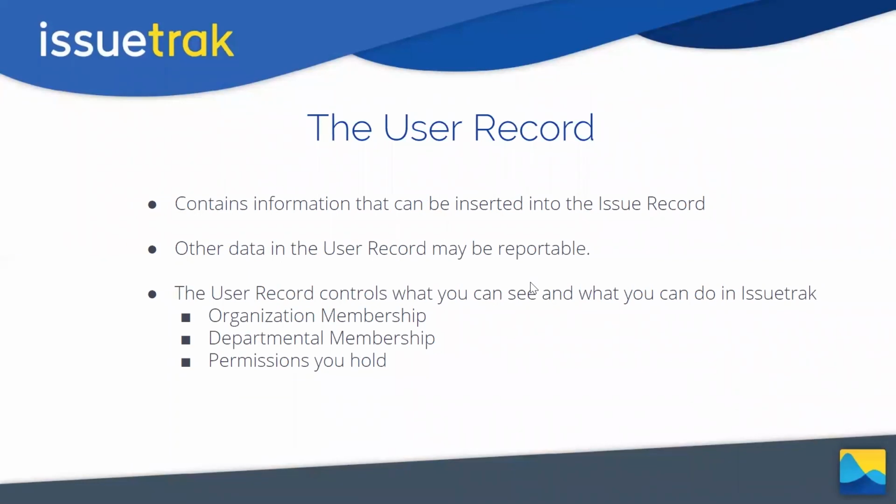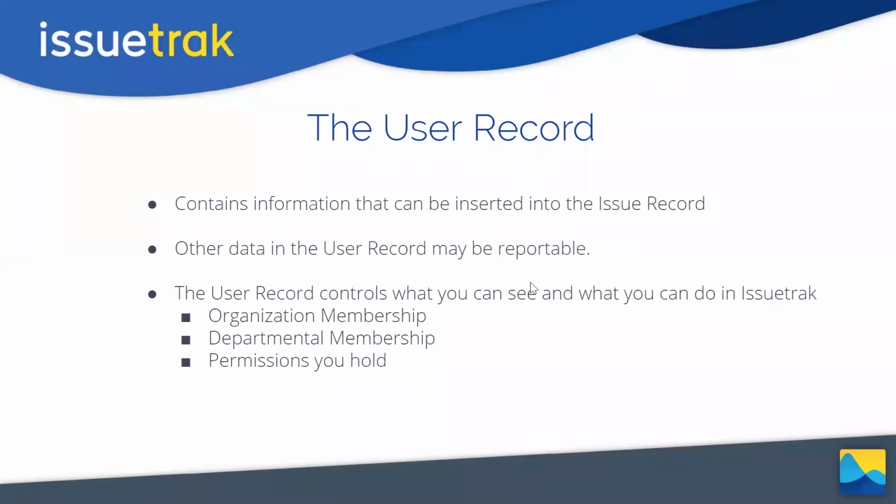So the user record: when you log in to Issuetrak as a user, there's certain information that is put into an issue without you having to do anything. For example, if you submit an issue, and that's pretty much all the rights you have, we're still associating you with an organization or a company. You may also have location information associated, and even the department may be part of your record, and all of that information is filled into the issue record without you having to do anything more than just logging into the site.